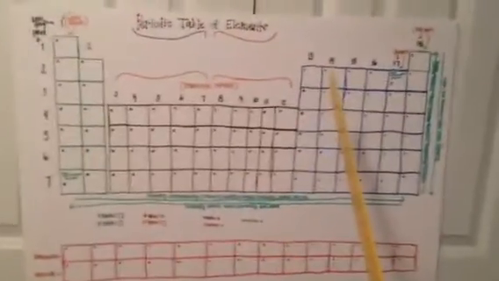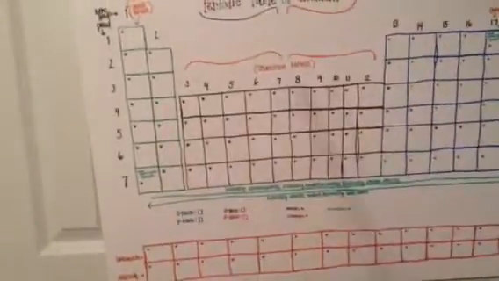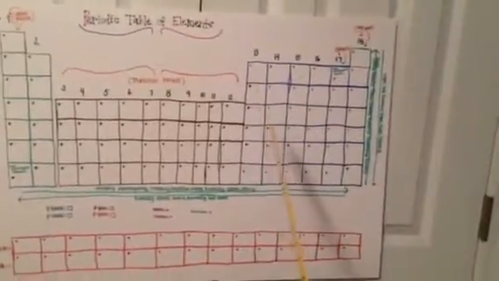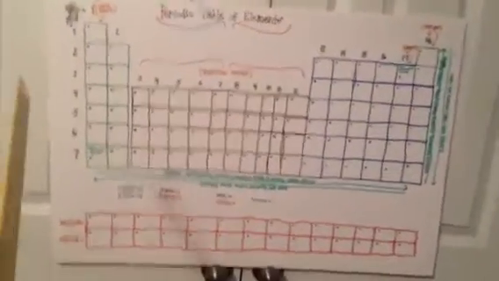Metals are found on the left side of the stair-stepping block, the stair-stepping block is the list of metalloids. So from here all the way over, all of those consist of metals except for hydrogen, which is a non-metal.